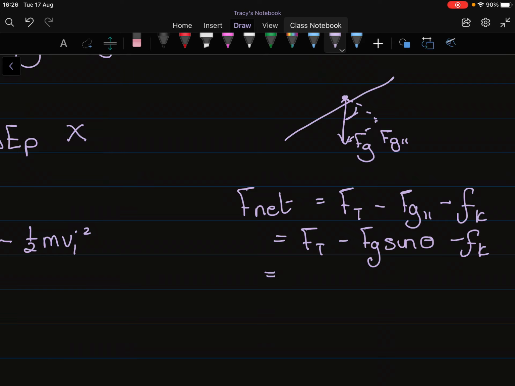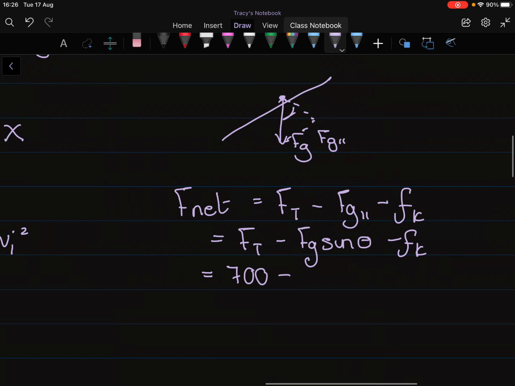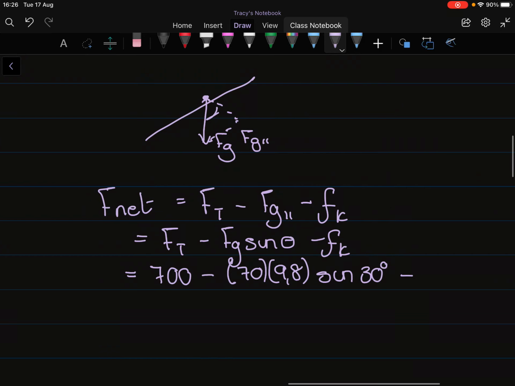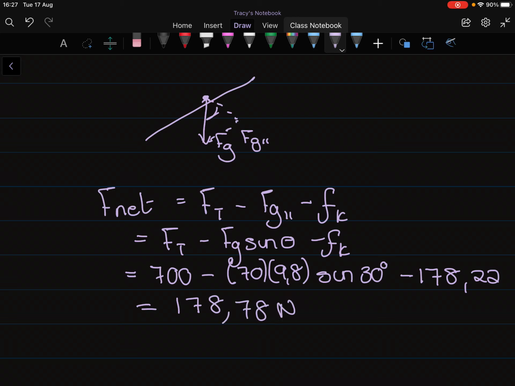Ft, they told us, was 700. My box was 70. This is 9.8. It's sine 30. And friction is 178.22. So we get 178.78. It's a coincidence that it's so close to friction.